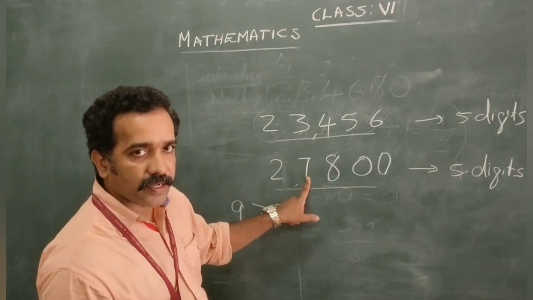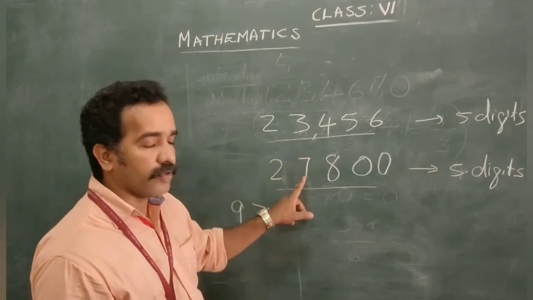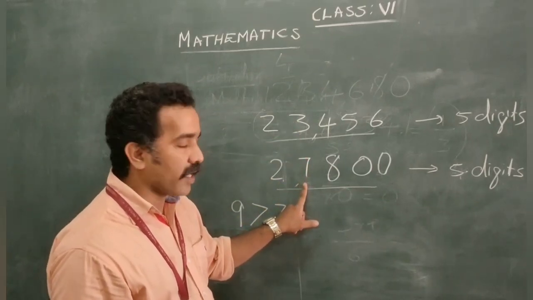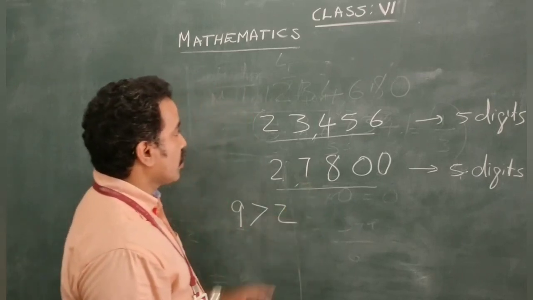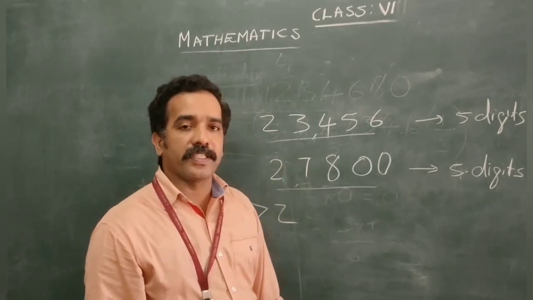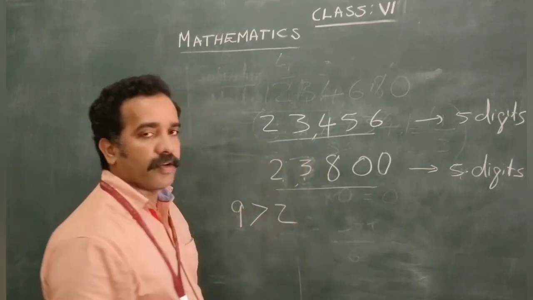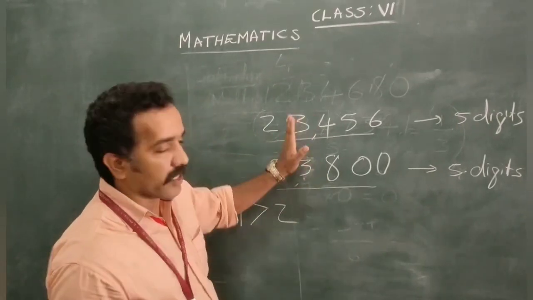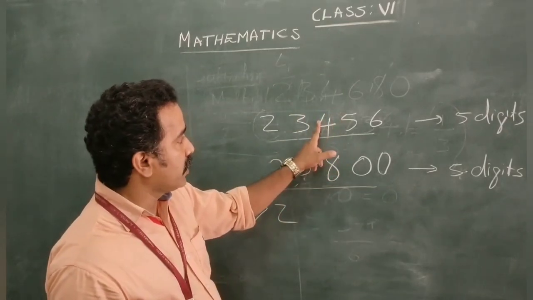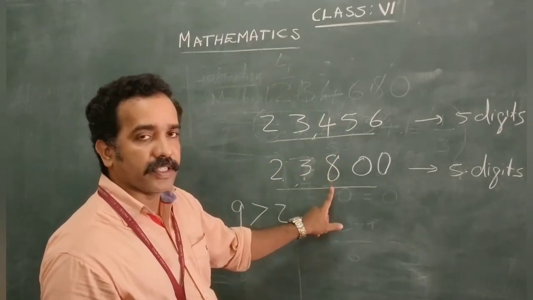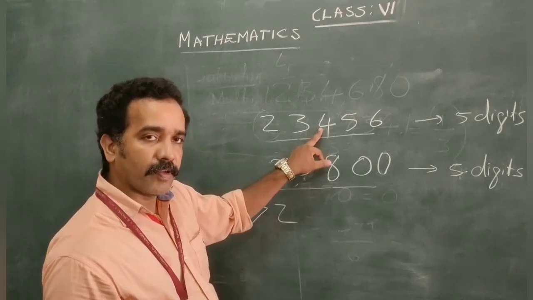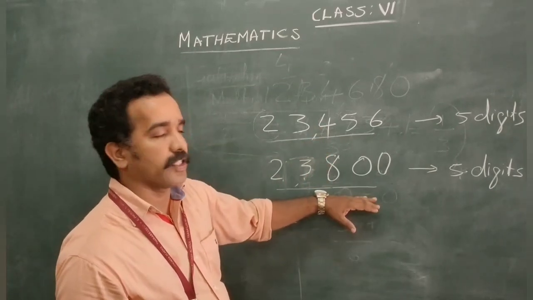So 7 is greater than 3, therefore the second number is big. Suppose there also the digits are the same, here again it is 3, then what do we do? Check the next digit. Here it is 4, here it is 8. 8 is bigger than 4, so we can say that the second number is big.